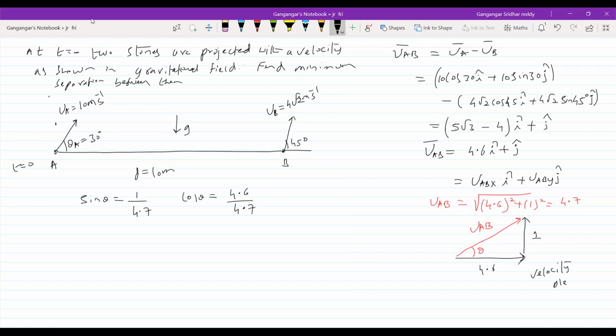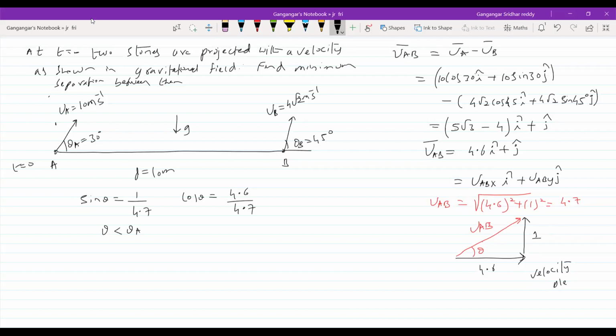How to draw it? Theta_A is 30 degrees, so what do you expect of theta? Theta will be less than 30 degrees, looking at this value only. If it were 1 by 2 it would be 30, so theta is less than theta_A. This will help us construct a diagram now.